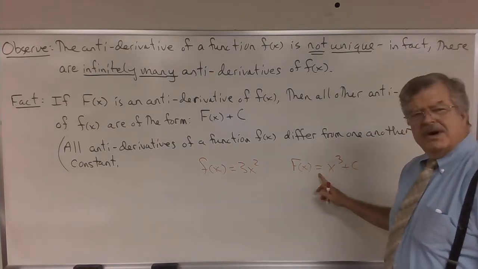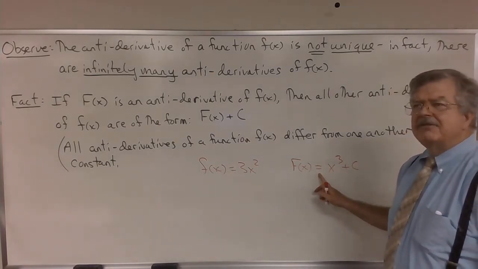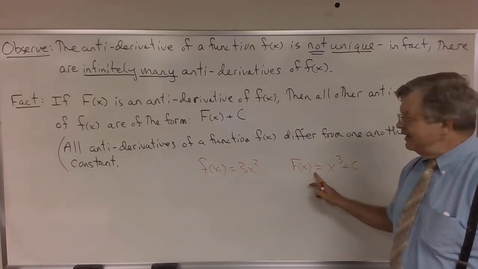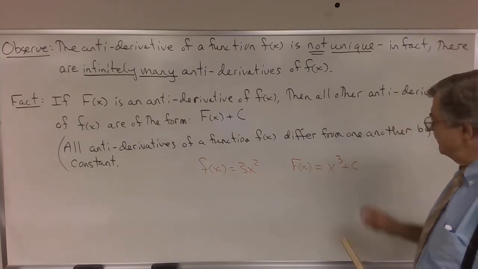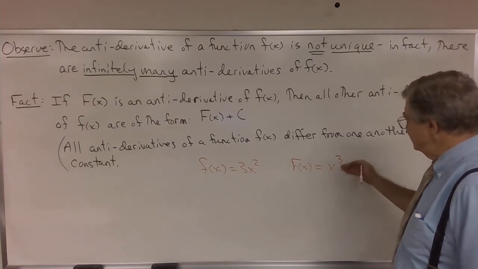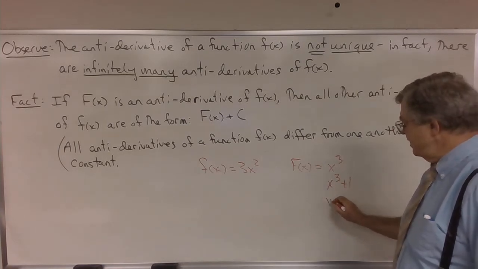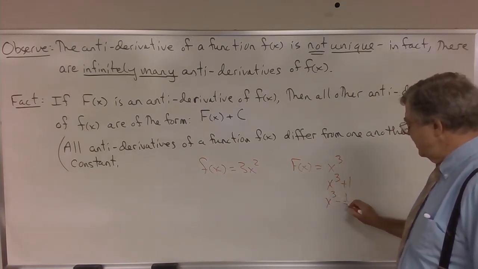So we might wonder, in our example, we had little f of x equals 3x squared, and antiderivative capital F of x equals x cubed plus some constant. And we might wonder, is it possible to have two antiderivatives of 3x squared that differ in more than a constant? Let me write down some examples here: x cubed plus 1, x cubed minus a half.